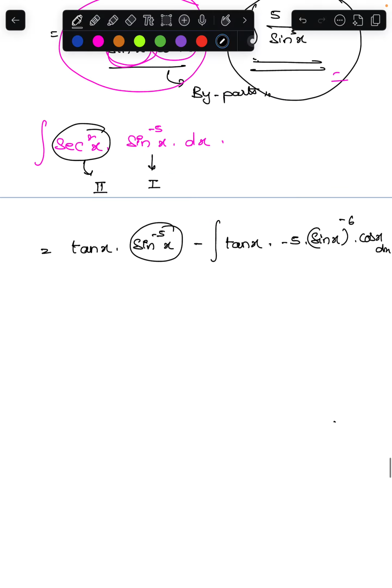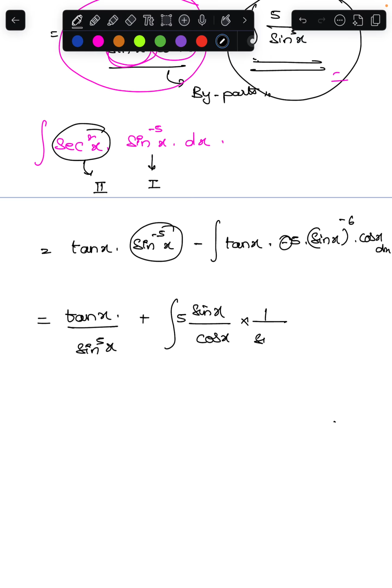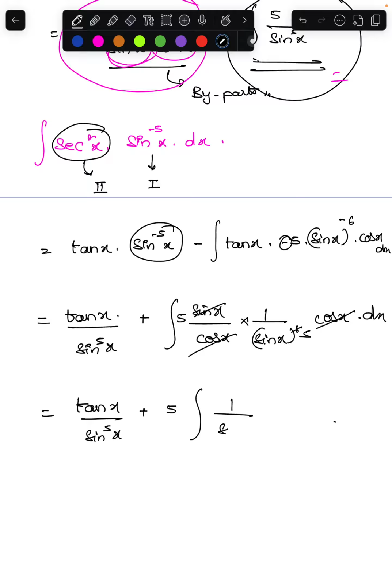So tan x by sine power 5x, minus, writing tan x as sin x by cos x, minus minus becomes plus, 5 will be there, and (sin x) power minus 6 means 1 by (sin x) power 6. Now cos x dx: this cos x and sin x cancel out. So you are left with tan x by sine power 5x plus 5 times the integral of 1 by sine power 5x dx.